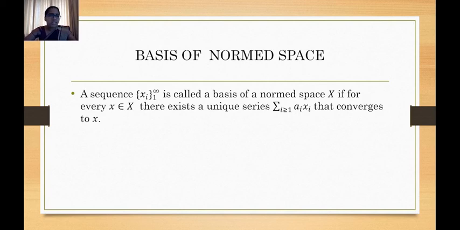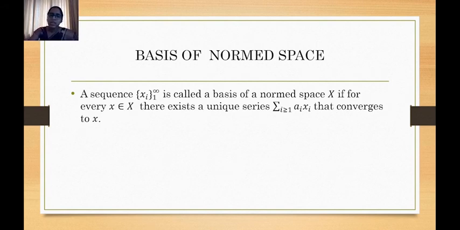In turn, we can say that the sequence set x_i is said to be a basis if every element of the normed space X can be written as the summation i greater than or equal to 1 of a_i x_i. That is the basic definition of a basis. Every element of that set can be expressed as a linear combination of that particular system.